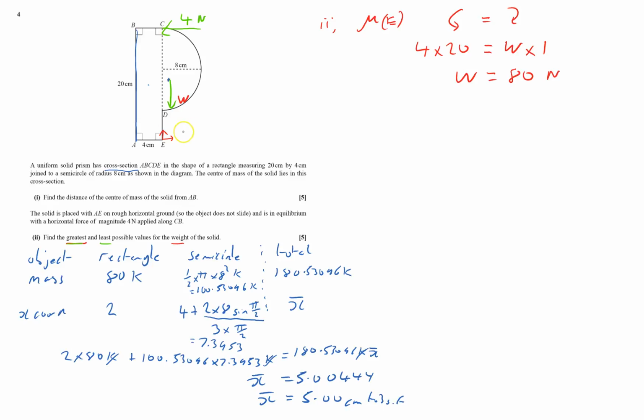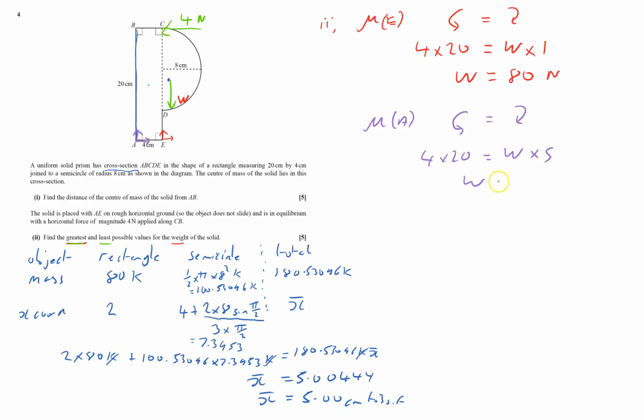That's the maximum weight. And then I'll do it in purple for the minimum weight. I'll need to take moments. And this one here, the minimum, will be going across there. So I'm now going to take moments about A. And exactly the same, the anti-clockwise moments are going to equal the clockwise moments. And that'll be 4 times 20 equals the weight times this whole distance now, so that's the distance I worked out in part 1, it's 5.